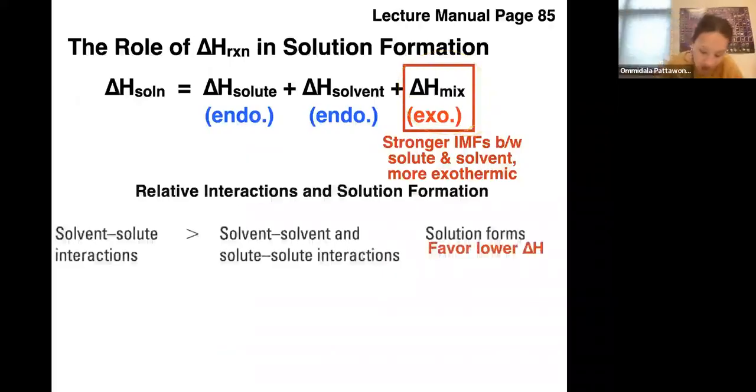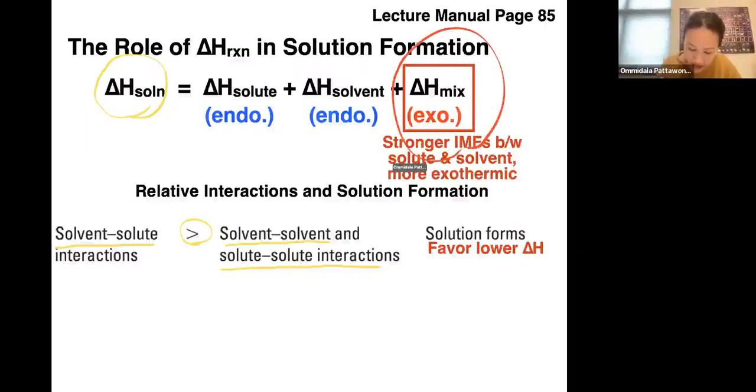So in this scenario, when the solvent-solute interaction is greater than the solvent-solvent and solute-solute interactions, you are going to observe the solution form spontaneously. The reason is that the overall delta H of the solution would come out to be a low value or toward a negative value, because if this is more negative, then these two are more positive. The negative overrides, making the delta H of solution come out to be a low value.